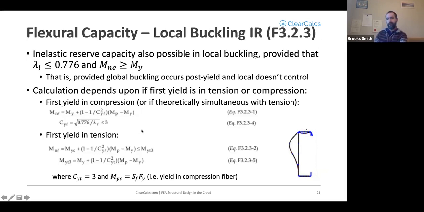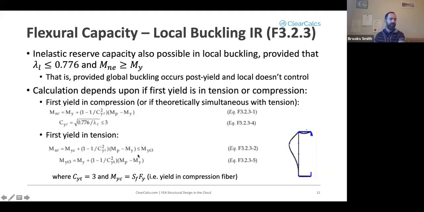The calculation for inelastic reserve depends upon whether your first yield is going to occur in tension or compression. So if your first yield is in compression, or if they're theoretically simultaneous, such as for all the sections I'm talking about when it's symmetric, then you use a first equation here, where MNL equals this function of MY, MP, and CYL. Plug into that, you'll get your local buckling capacity.